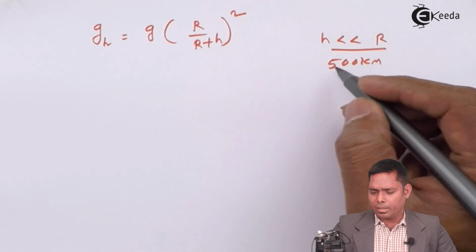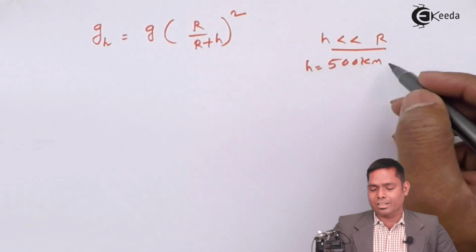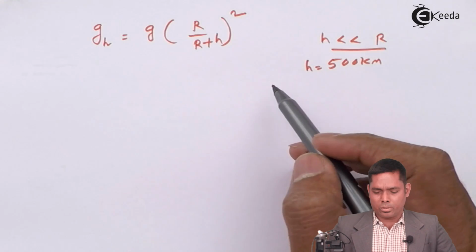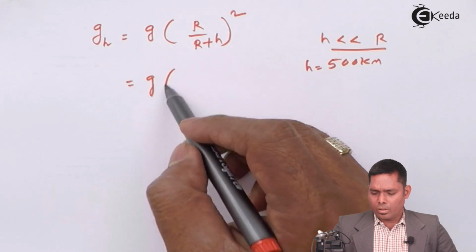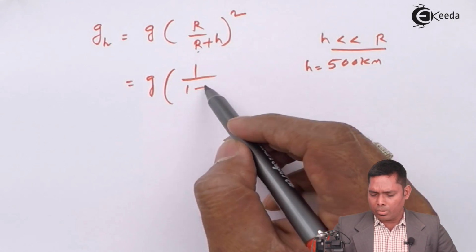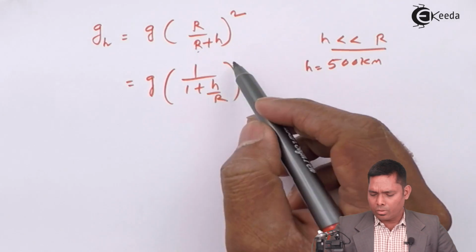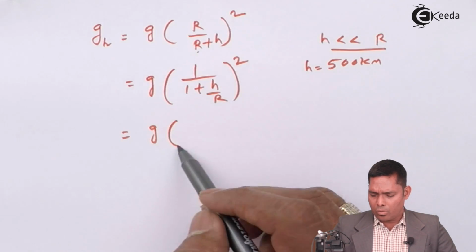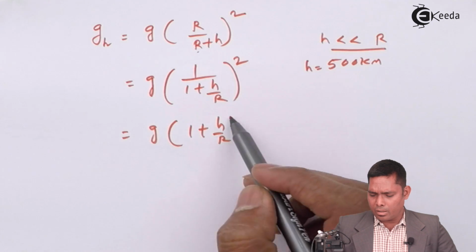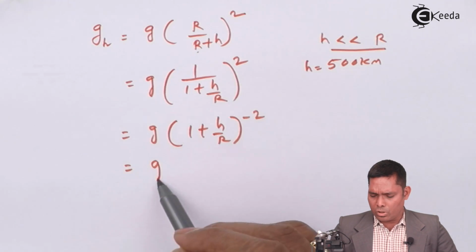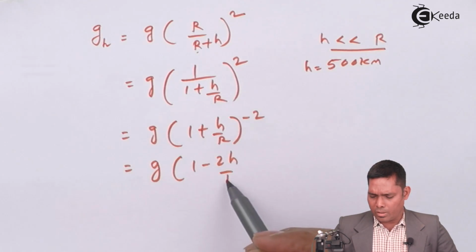Within that you can apply the approximation, that is g, this r is divided, so this is g (1 plus h by r) power minus 2, this is g into (1 minus 2h over r).